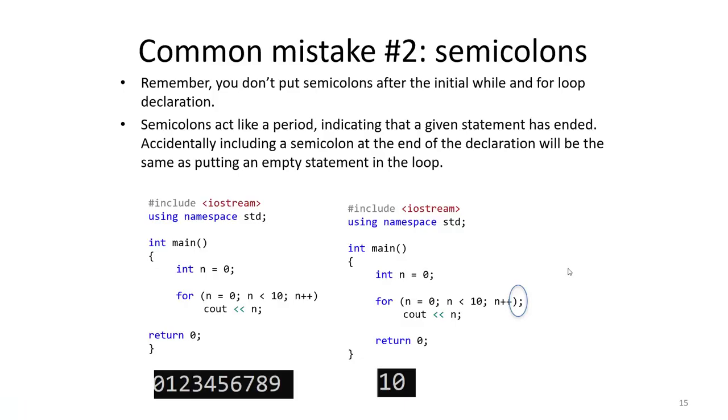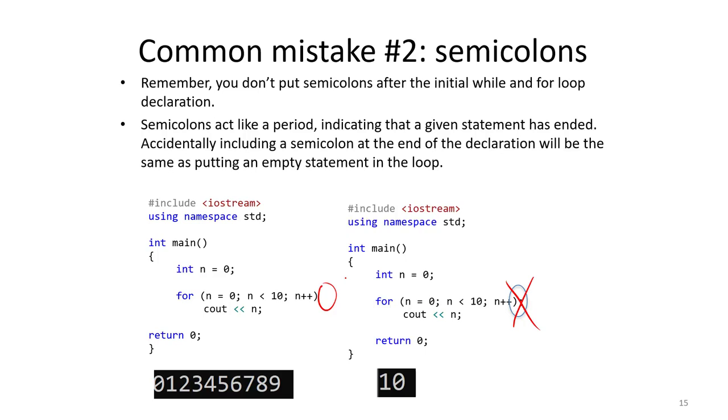So that brings us to our next common mistake, semicolons. Remember, you do not put semicolons after the initial while and for loop declaration. So you do not have a semicolon after the parentheses of the loop. Remember that semicolons act like a period at the end of a sentence.